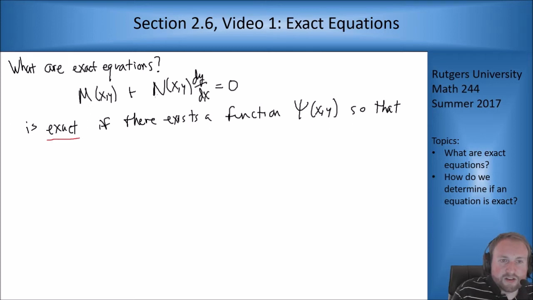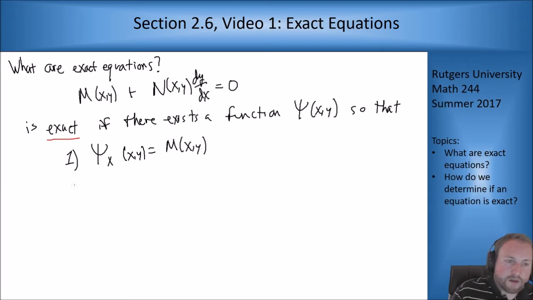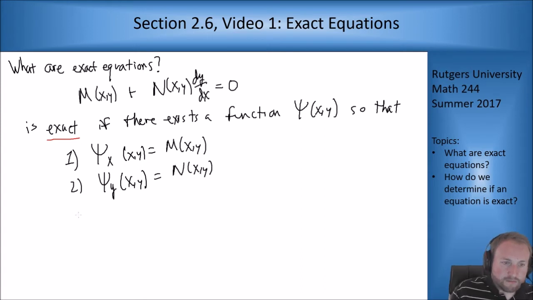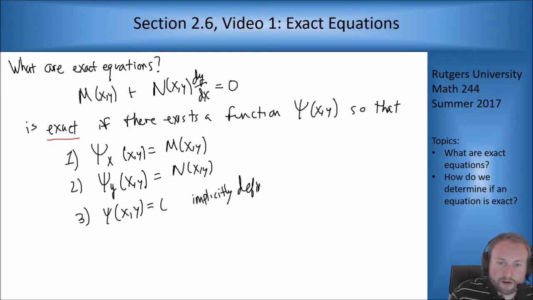This equation here is exact if, 1, the partial derivative in the x direction is M, 2, the partial derivative in the y direction is N, and 3, this expression equal to a constant implicitly defines y as a function of x.